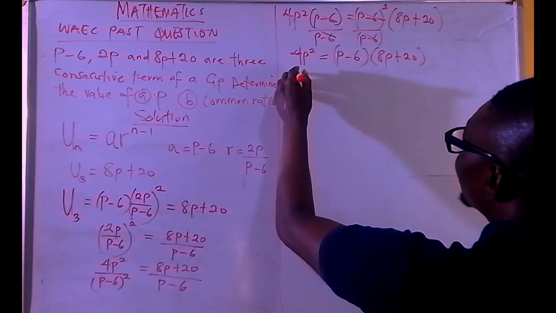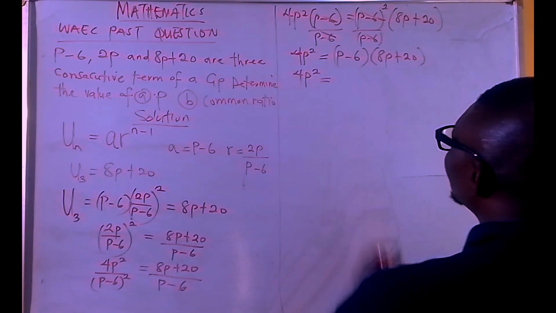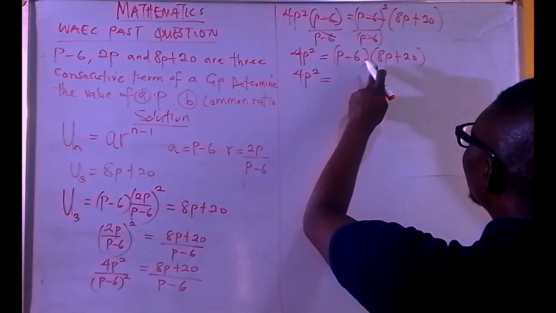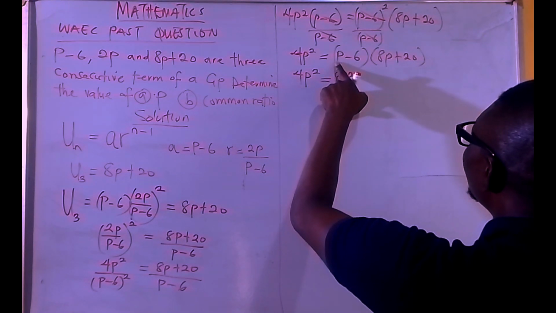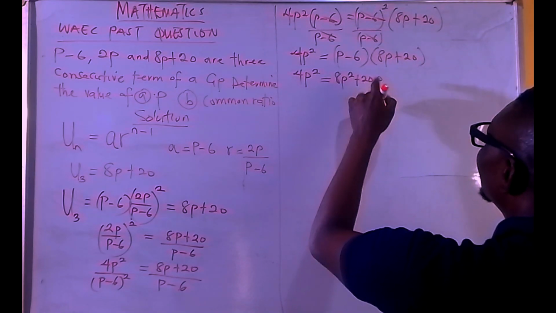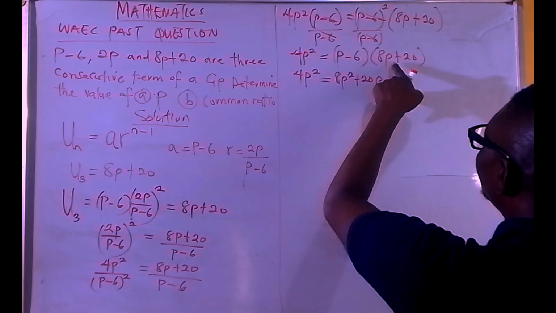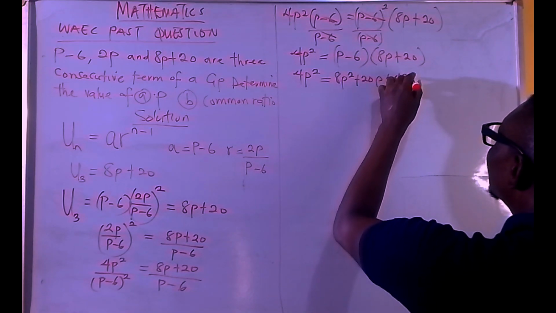So here, you can open up a bracket by saying 4P squared is equal to P times 8P, which gives us 8P squared. P times 20 gives me 20P. Minus 6 times 8P gives me minus 48P.